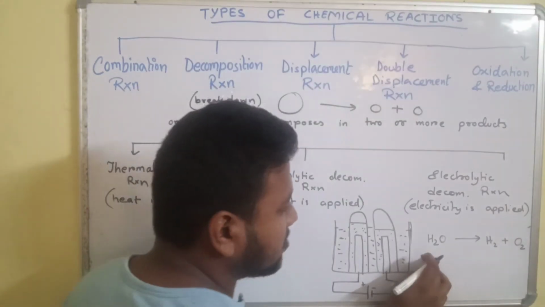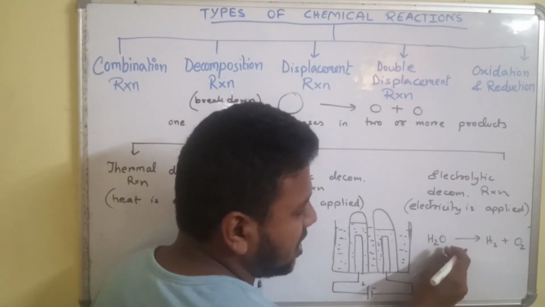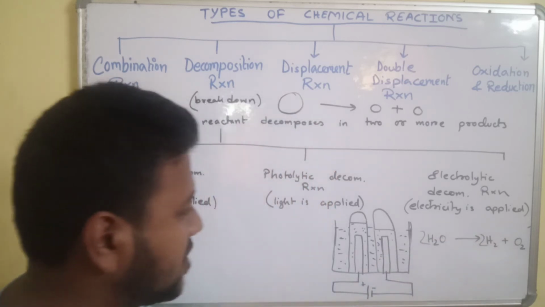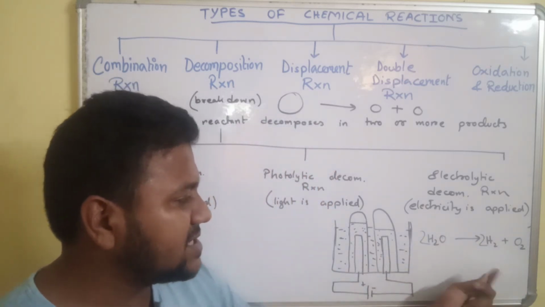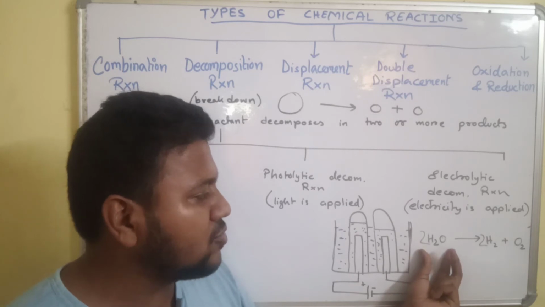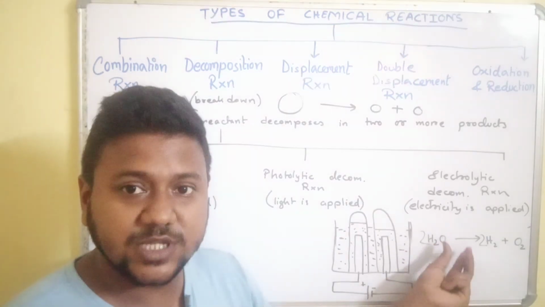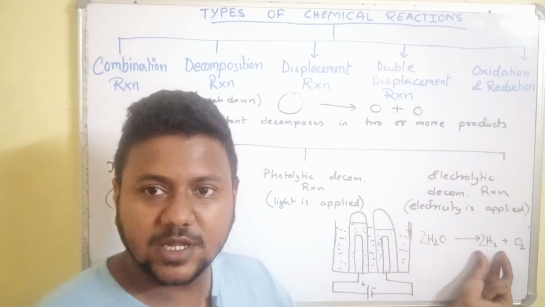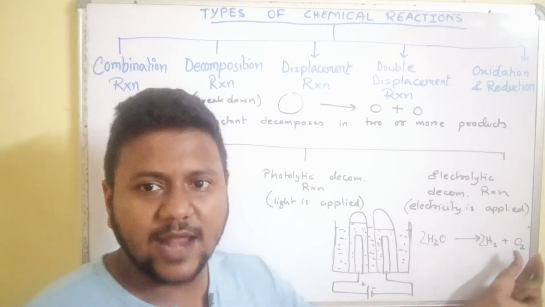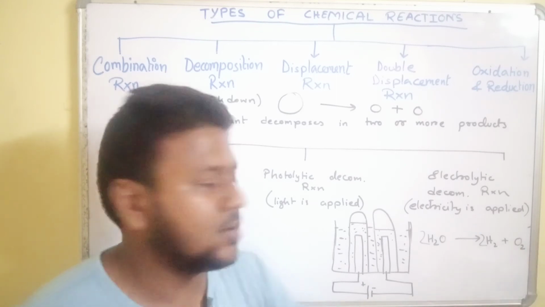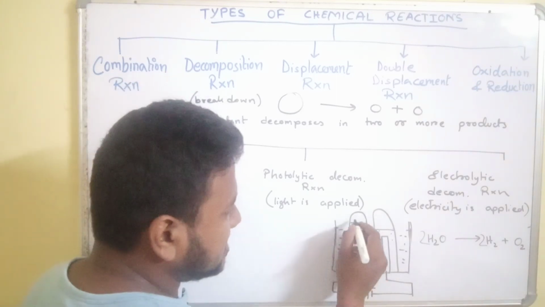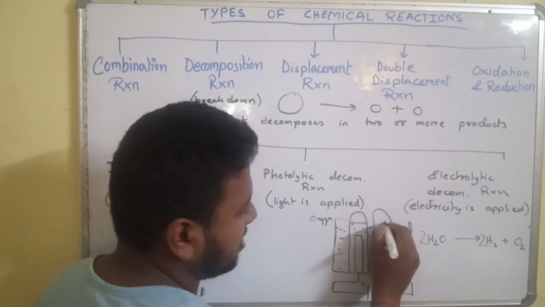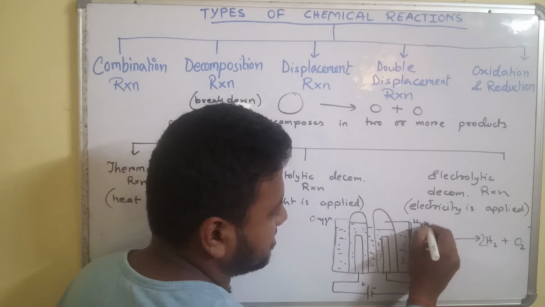What happens in this equation? Here we give 2 and 2. Very clearly, when two molecules of water dissociate by the application of electricity, two molecules of hydrogen gas and one molecule of oxygen gas are obtained. Here we will see the oxygen, and here we will see the hydrogen.